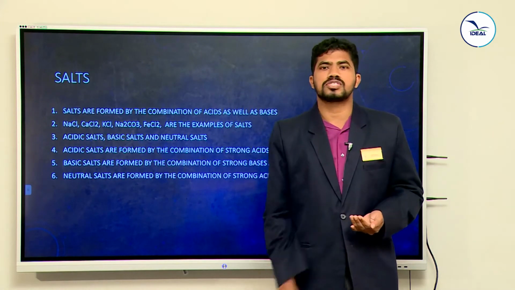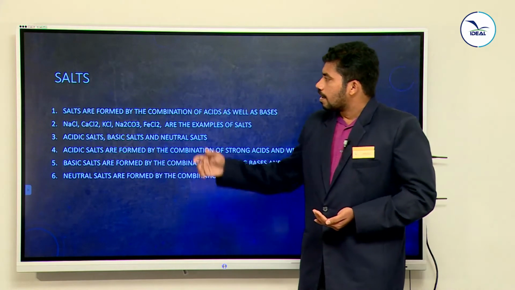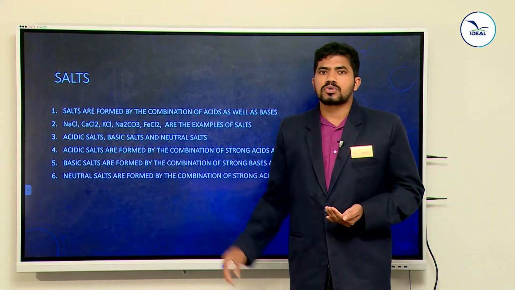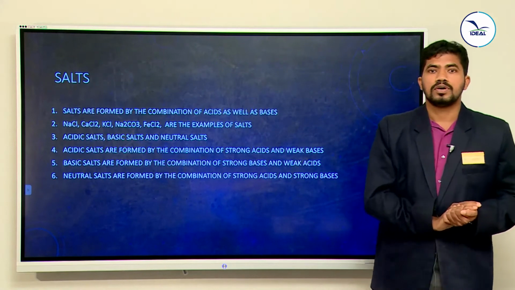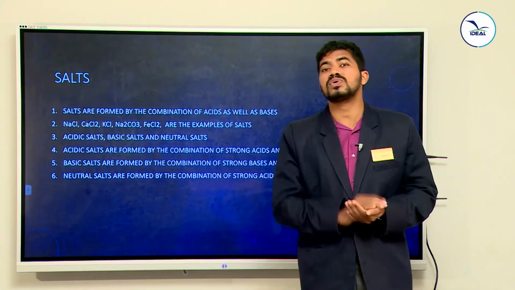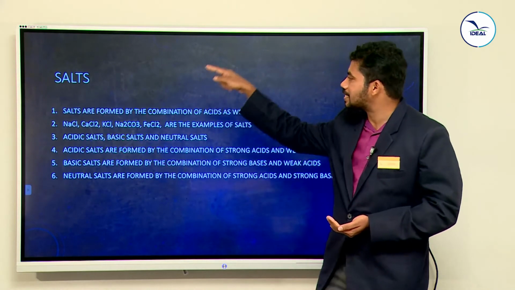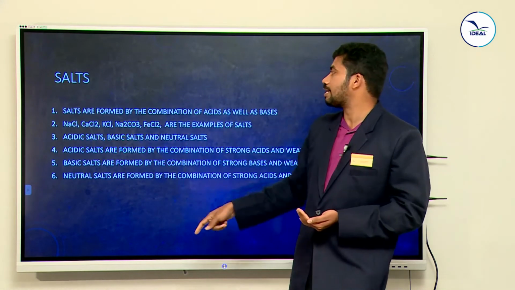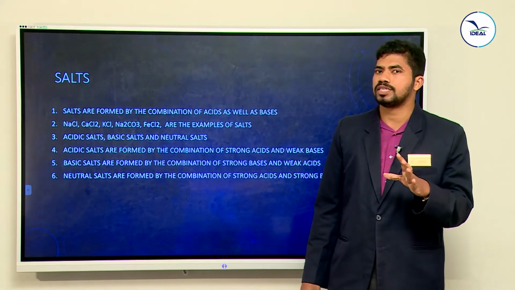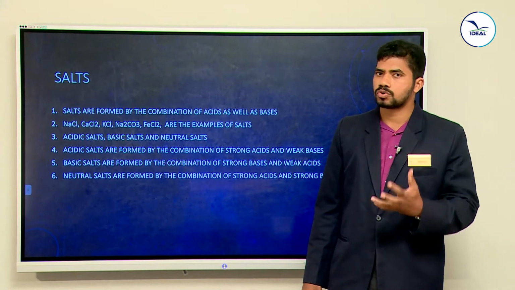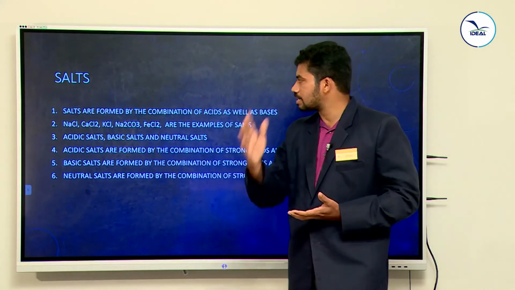That is also a neutral salt. And potassium chloride also is a neutral salt because it is formed by the combination of potassium hydroxide and hydrochloric acid. The first three salts, NaCl, calcium chloride, potassium chloride, all are the results of the reaction between strong acid and strong base. So they are neutral salts.